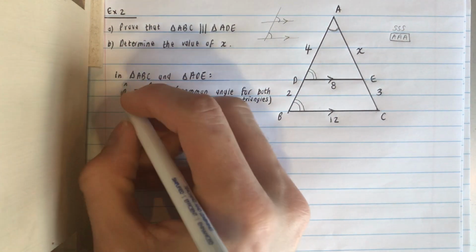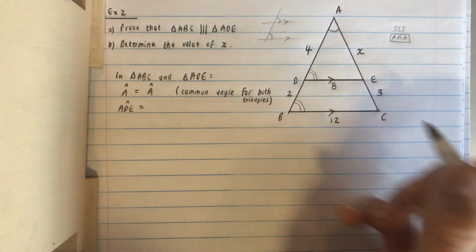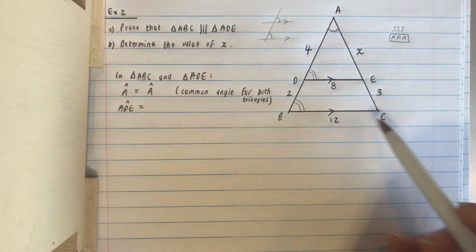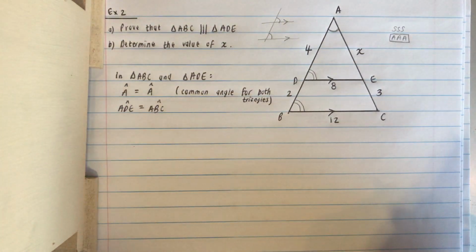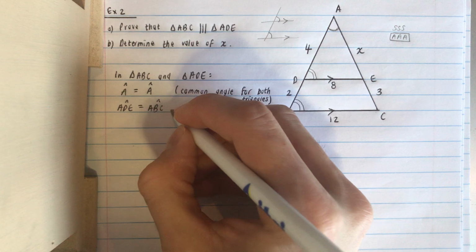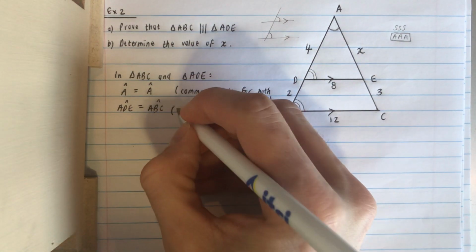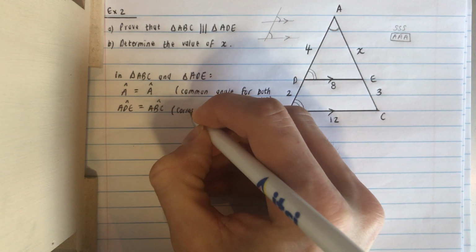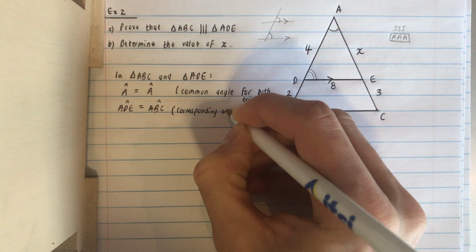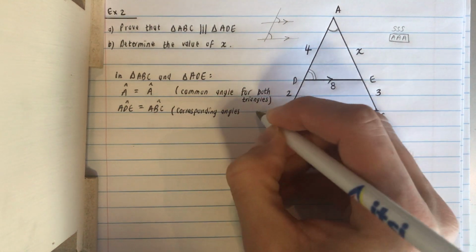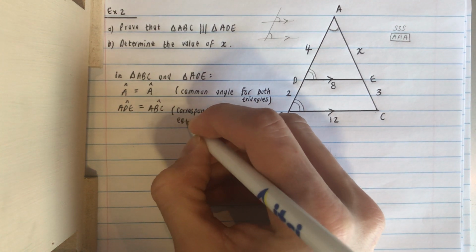Angle ADE is equal to angle ABC. Okay, and then we will give our reason, and our reason will be corresponding angles are equal.